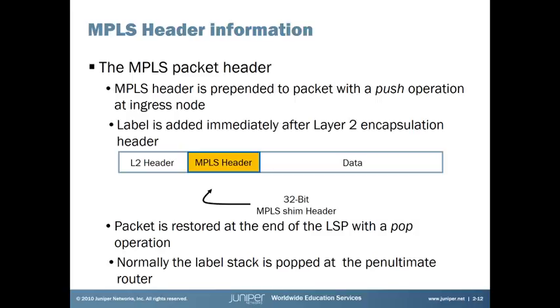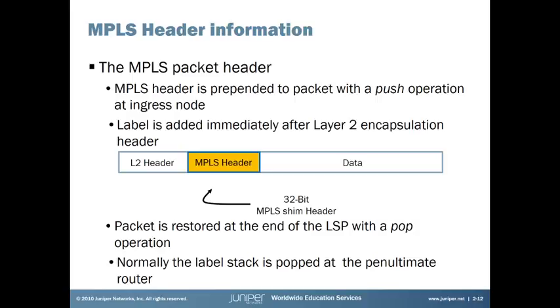Well, at the ingress where it comes in, we pop this label onto the packet. Okay, I shouldn't use pop, because actually pop is the term that is used for taking the label off. If we push, we push this label onto the packet, okay, with a push operation.